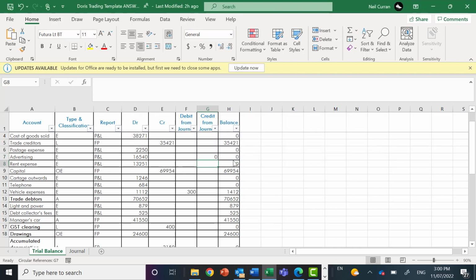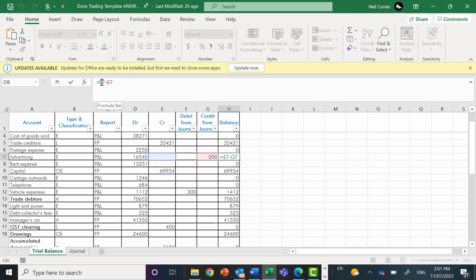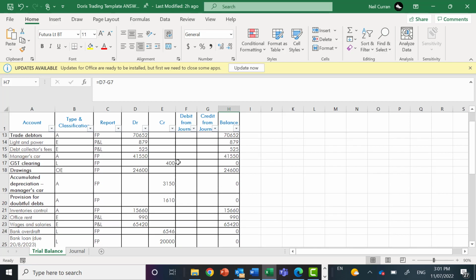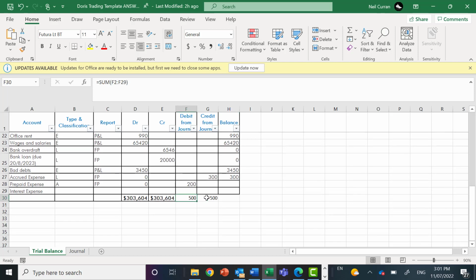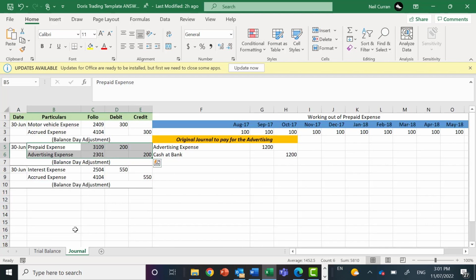Oops, it should be D7, sorry. And so our amount here is $16,340 for advertising. Just to make sure that both our debit and credit journals balance, in this case it does, so we go on to the next journal.